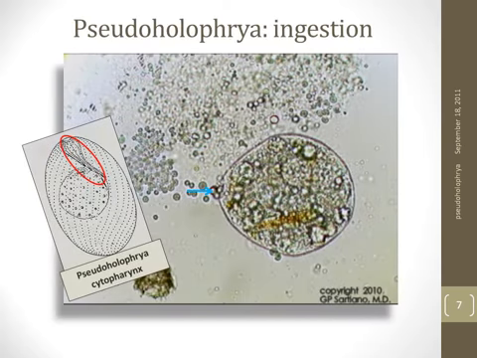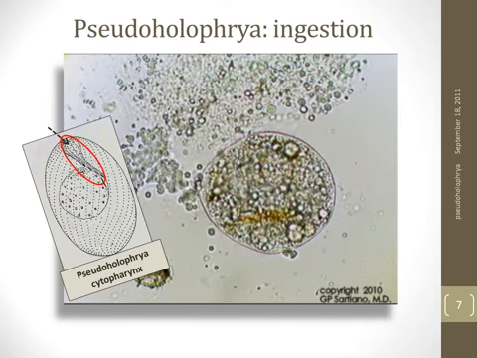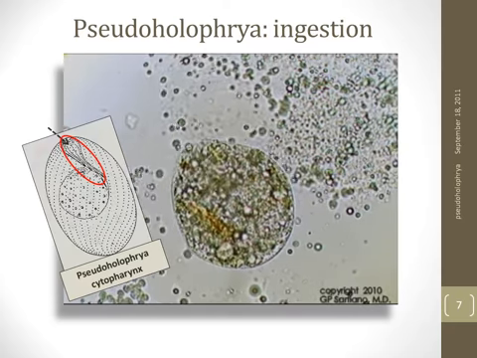In this video, Pseudoholophrya is ingesting lipoid droplets from the carcass of a crushed copepod nauplius. The path of the particles taken in follows the direction of the cytopharynx, as outlined in red on the adjacent diagram.